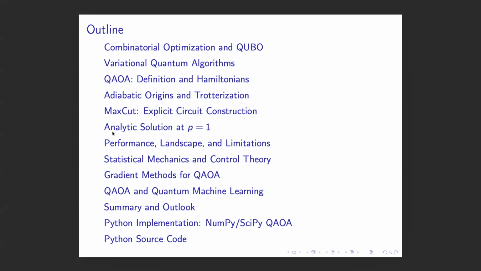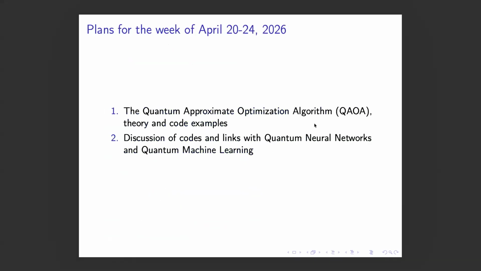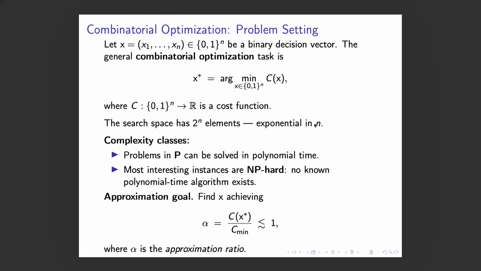Okay, so let me quickly remind you of some of the things which we discussed last time. This is an optimization problem, the QAOA, and it's given by a binary optimization problem. So that means that the values which we're looking at are zeros and ones, and it's normally an NP-hard problem.